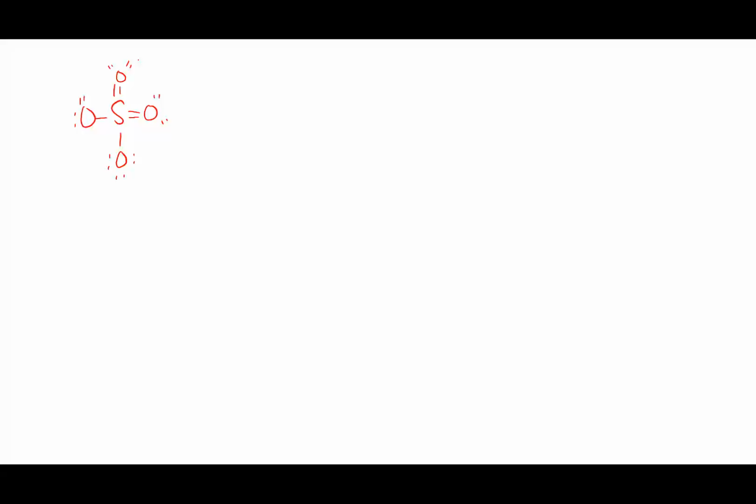The first question they asked was, what would be the formal charges on all of the oxygen atoms and the sulfur? Then they asked about bond order in the resonance hybrid for those 6 resonance structures.